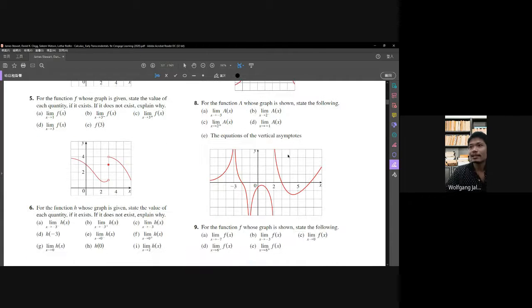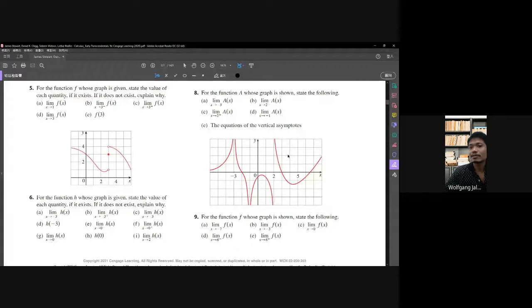Basically, an asymptote is a line that the function is approaching, but it never meets. So that can be vertical, horizontal, or even diagonal.